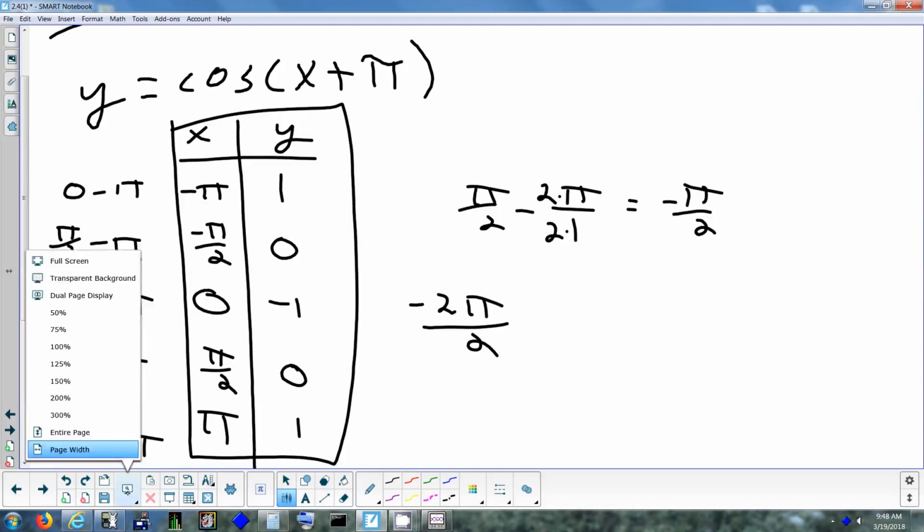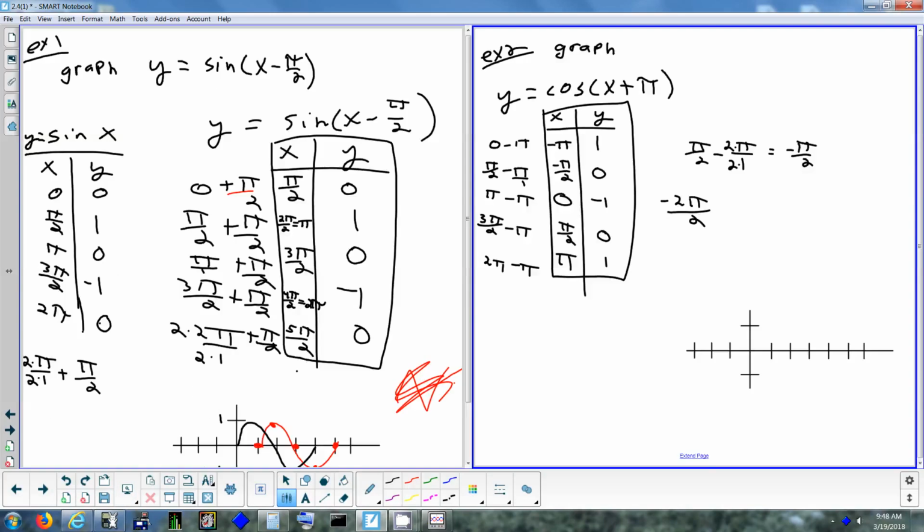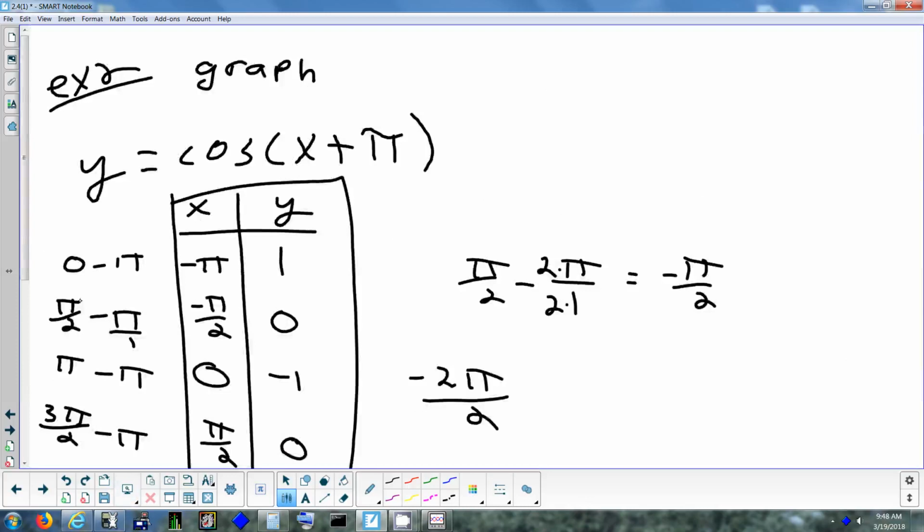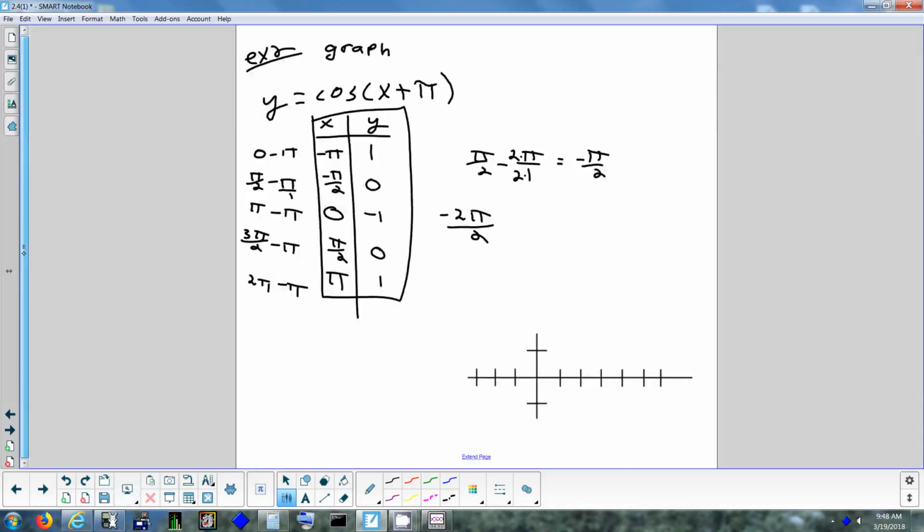Last part is to just sketch it. All right, so let me make it like this. Okay, so we have negative pi. So this kind of requires a little planning on how many marks you go over. I have 2 negatives, so I'm going to go over 2 to put negative pi. Negative pi over 2. 0 I don't need to label, that's the axis.